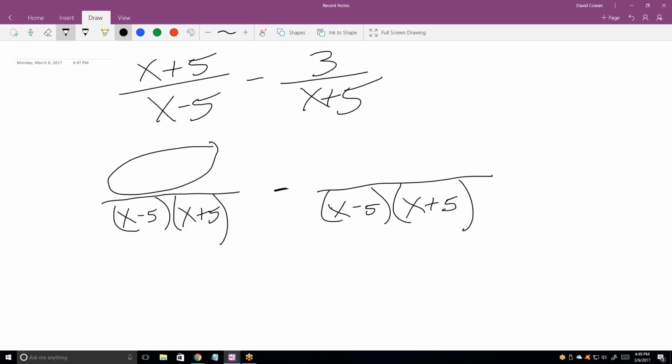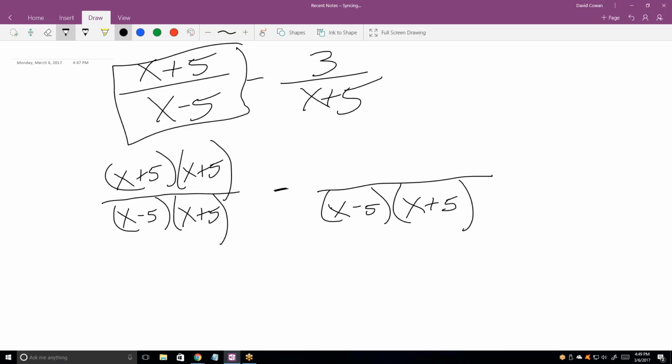Notice that whatever goes there has to equal what I started with. Well, if I write x plus 5 times x plus 5, I can easily see that it does equal this. In other words, I'm trying to make that fraction equal that.